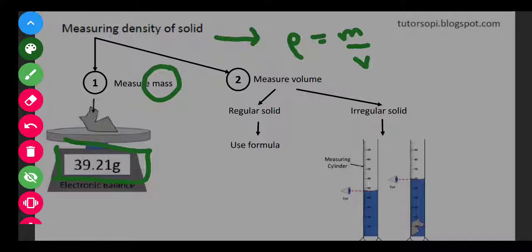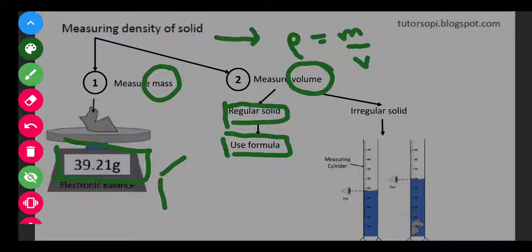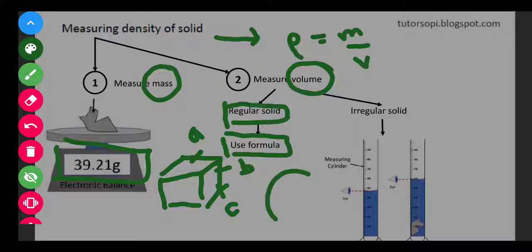Okay, selepas kita measure mass, kita perlu cari dia punya volume pula. So untuk volume depends kepada shape of the solid. For example, if your solid is actually a regular solid, then you can use formula. So for example a cube. How do you measure the volume of a cube? So kita times A, B dengan C. Kalau macam contoh sphere, kita akan guna 4/3 pi r cube.